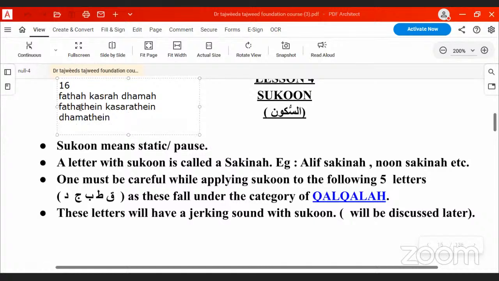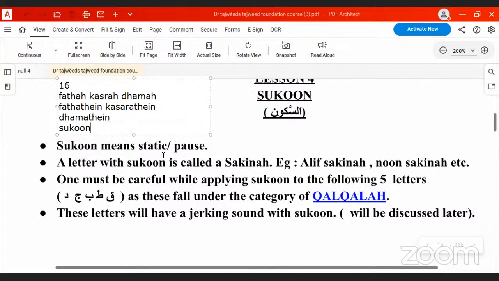Now, the next character which we are going to learn is the sukoon. Remember, whenever you are learning each lesson, all the previous lessons should be there in your mind. Do not forget. You should learn this now itself better.